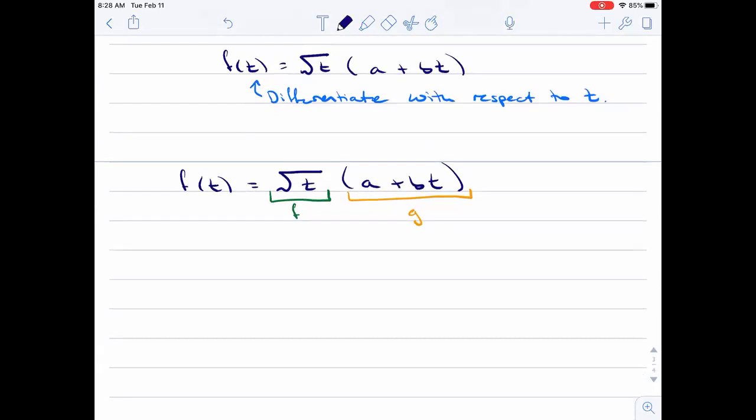Just so we get used to seeing both, right? Just so I'm not always using prime notation, right?